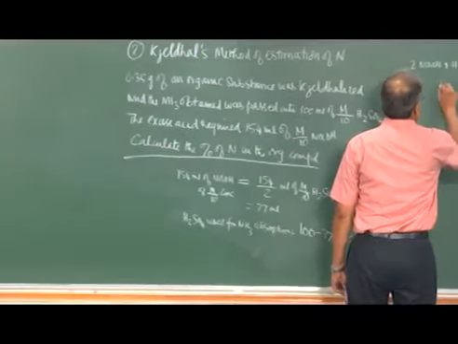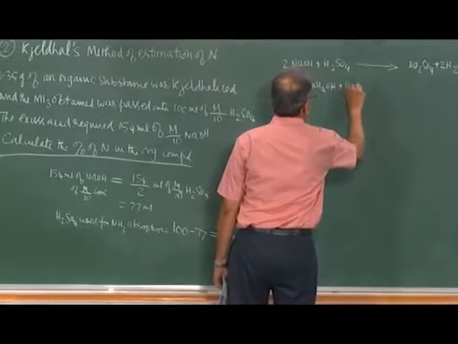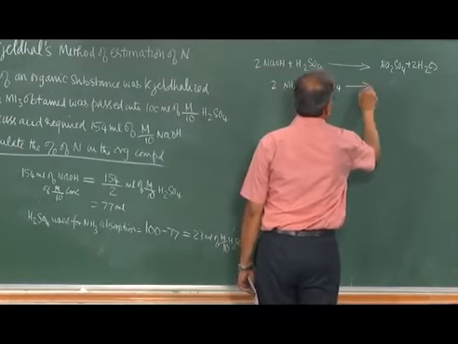Now, ammonia is also in the form of ammonium hydroxide. You need two equivalents of ammonium hydroxide to neutralize this.